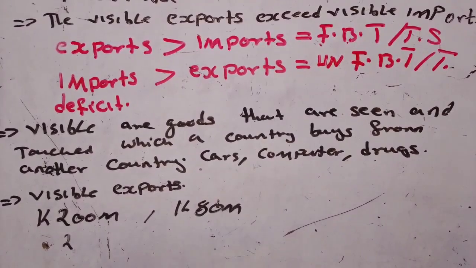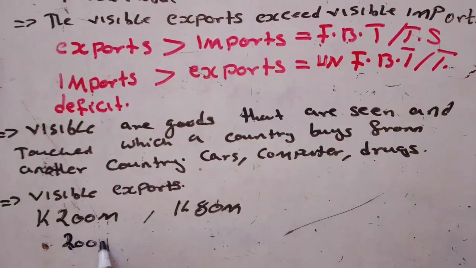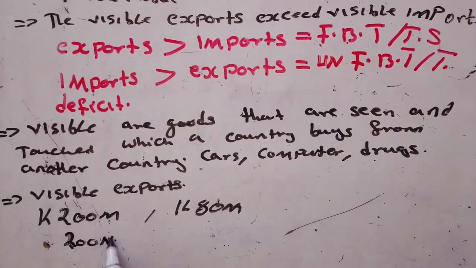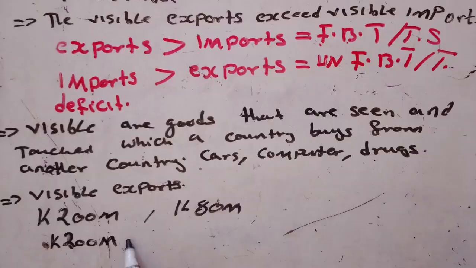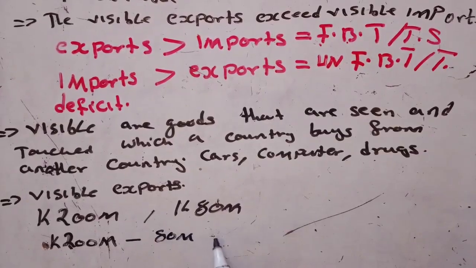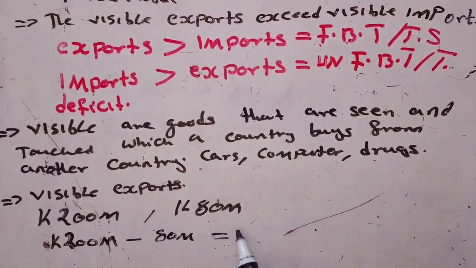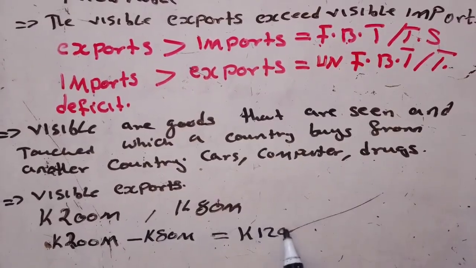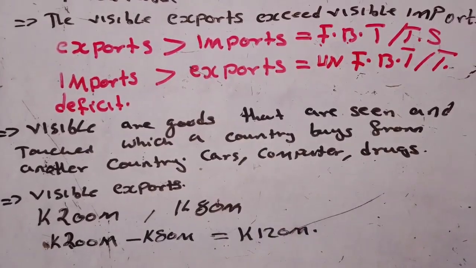So we are going to have 200 million minus 80 million, and this will give you 120 million. This is the surplus that you get, what we call trade surplus.